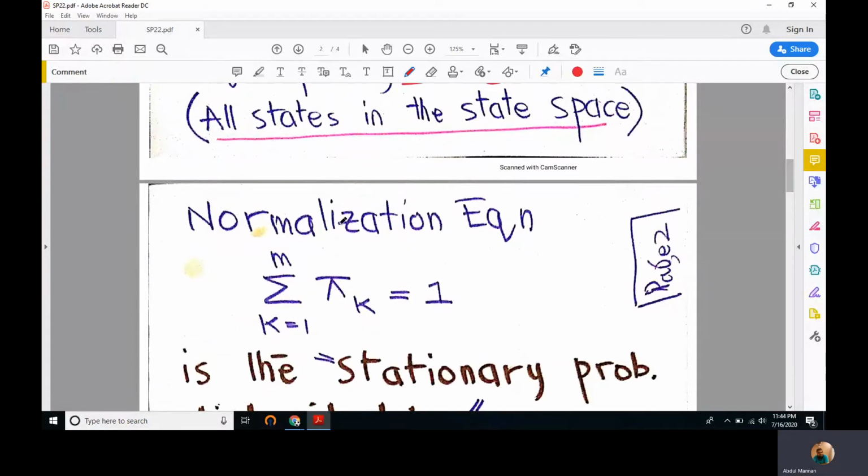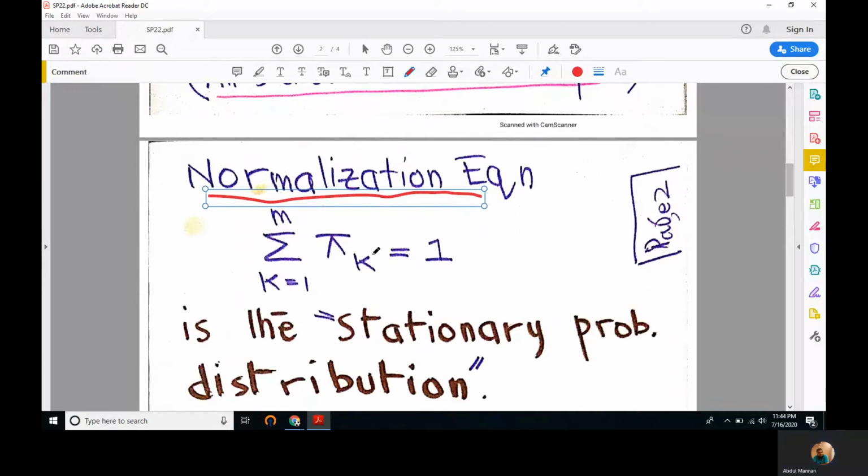And we also studied in last lecture a normalization equation, that if it's a normal chain with only one recurrent class, and the recurrent class is aperiodic, then the long-term probability of all states, if we add those together, they sum to 1.